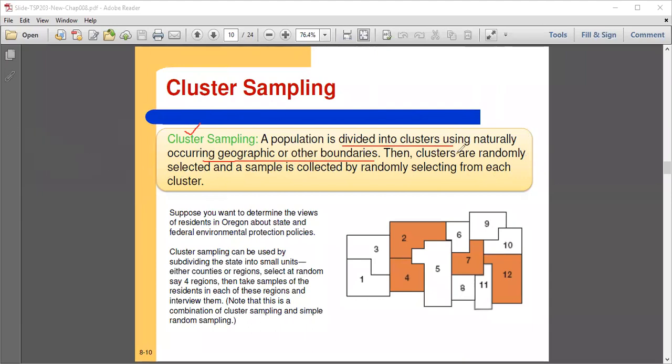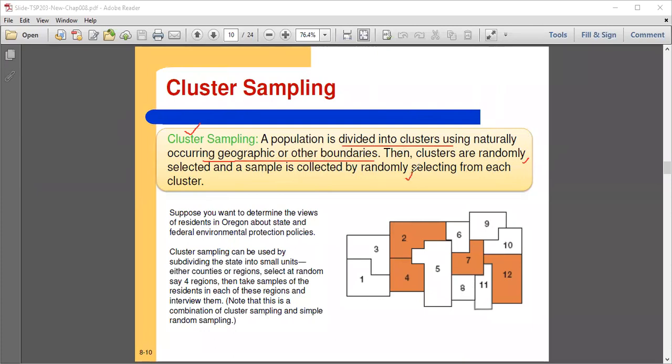So first this sampling technique is considered geographic, and then those clusters are randomly selected, then they will follow simple random sampling, and for the sample they also use the same technique for the random selection.